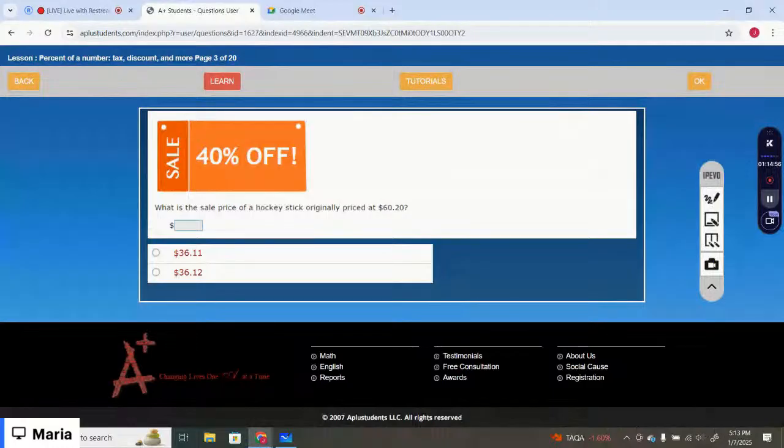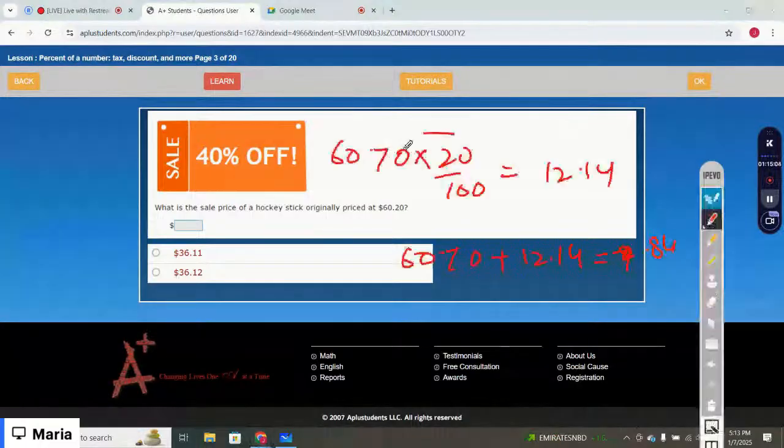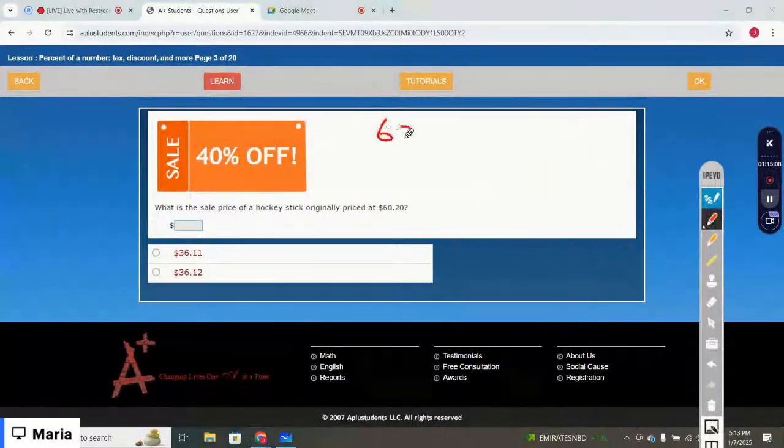What is the price of a hockey stick? Originally priced 60.20, that is on 40% off. Calculate the 40% off. 60.20 times 40 over 100.